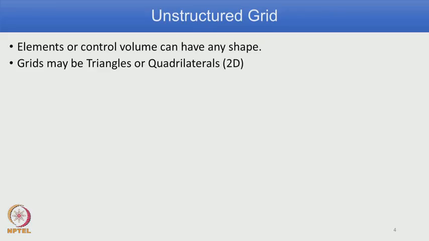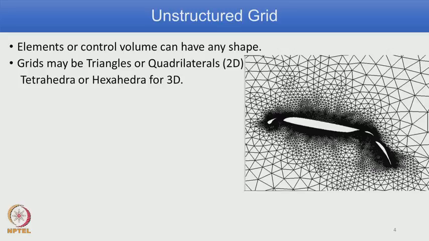So, there should be an alternative, which is known as the unstructured grid. Here the elements or control volumes can have any shape. In a structured grid there is a definite shape and that shape is the same, whereas in unstructured grid you can have any shape. What is shown here is an example.